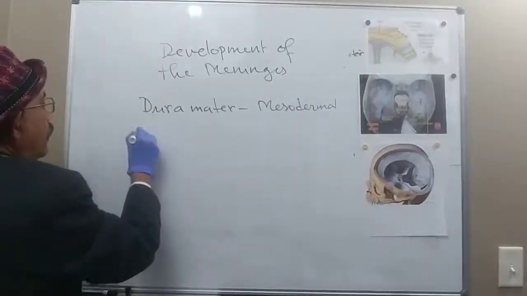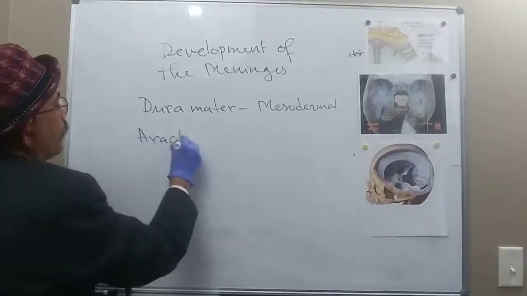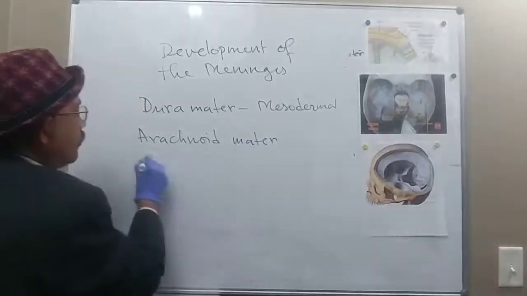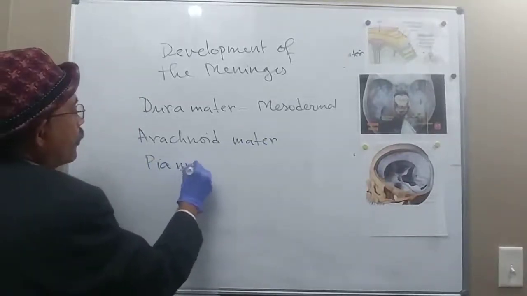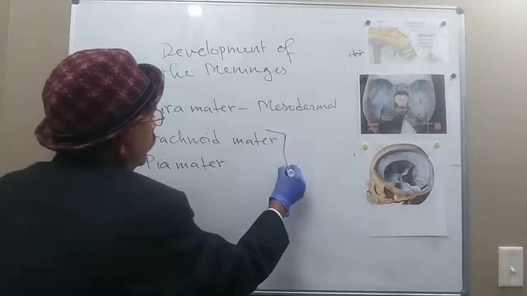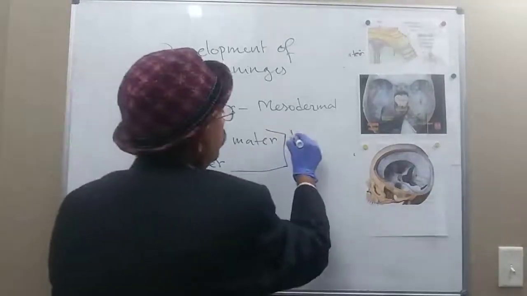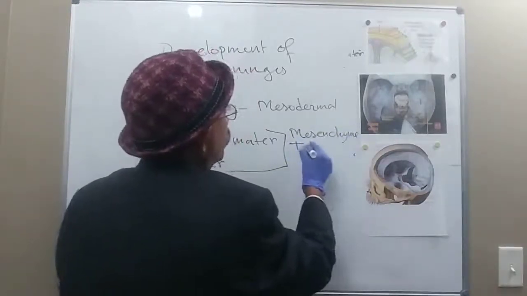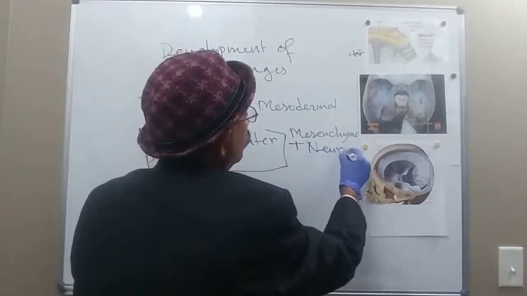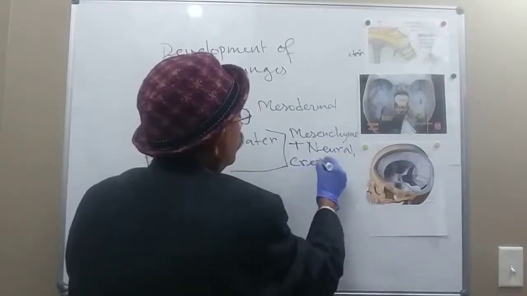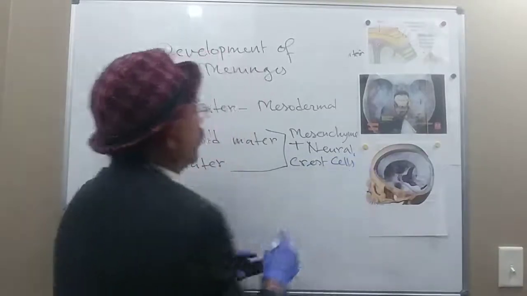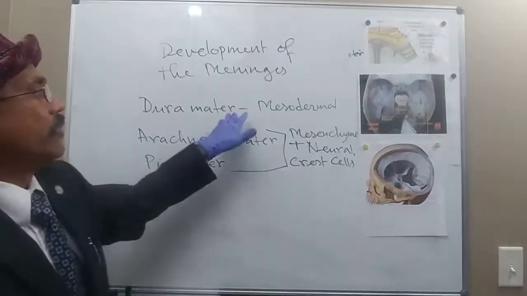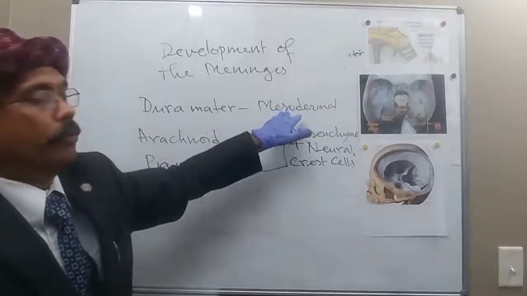The arachnoid mater and pia mater come from the mesenchyme plus neural crest cells. So neural crest cells contribute to the development of the arachnoid mater and pia mater. The dura mater is totally from the mesoderm.